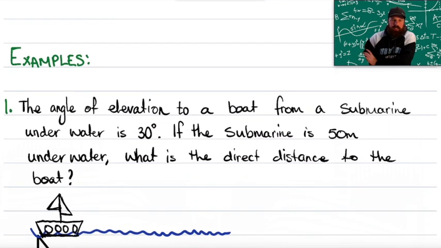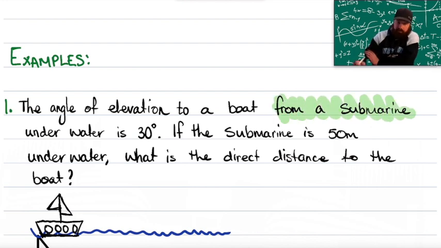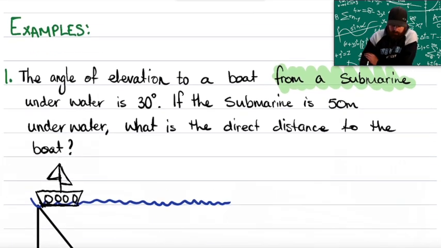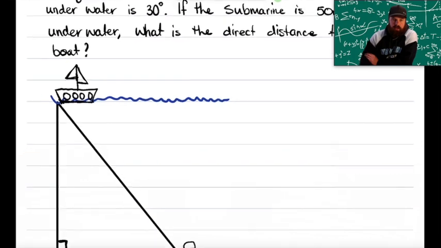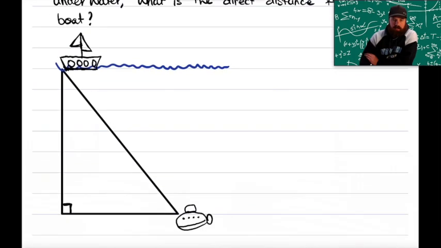So our question here: the angle of elevation to a boat from, there's our word from, so let's highlight it, from a submarine. It's super important. Is 30 degrees. If the submarine is 50 meters underwater, what is the direct distance to the boat? Right, so scrolling a little bit further down here, we can see our diagram.